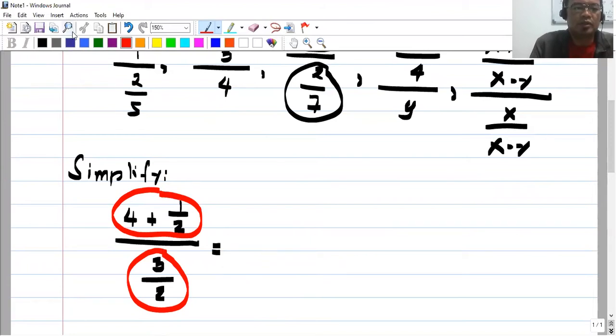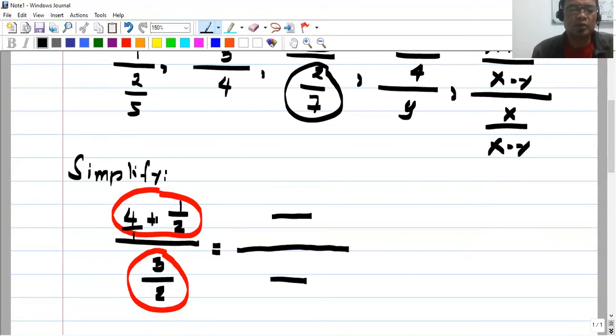So we have here the longer bar and our shorter bars. Since our numerator is 4 plus 1/2, we recall the process on how to add fractions. In this case, the denominator of 4 is 1, and the other one is 1/2. In order for us to add our fractions, we have to look into their LCD, and the LCD must be 2.